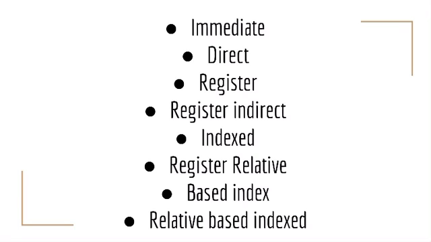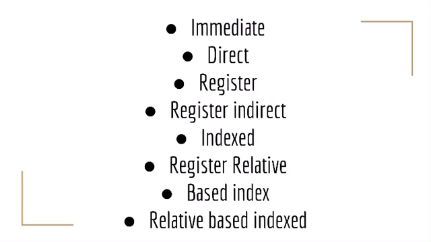Next we have register relative. In this addressing mode, the data is available at an effective address formed by adding an 8-bit or 16-bit displacement to the content of any one of the registers. Next we have based index.